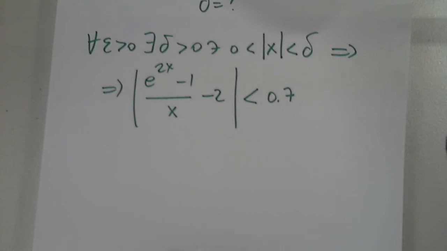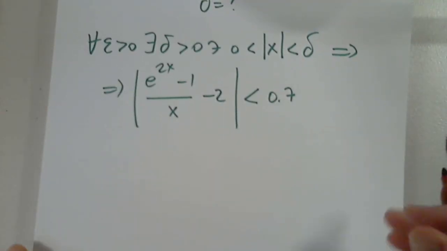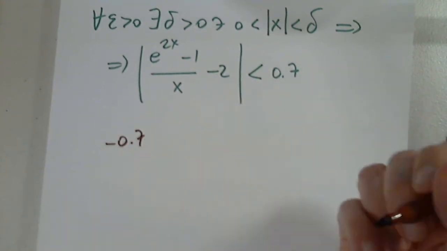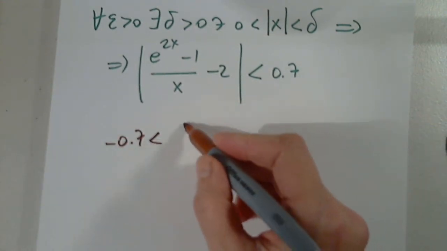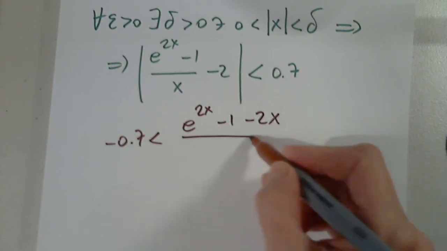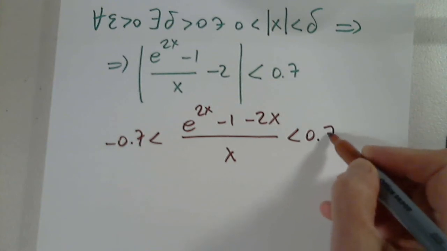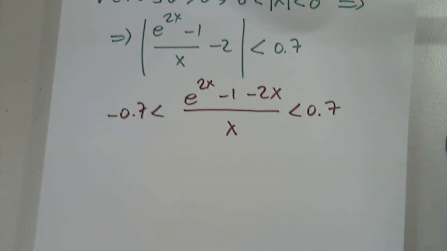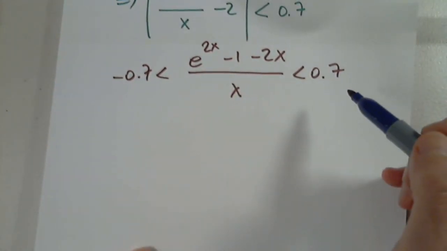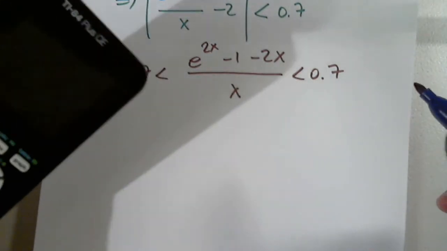Perfect. So this is where we start, and we have to solve this inequality, like we did towards the beginning of the class today. Negative 0.7 less than (e to the 2x minus 1 minus 2x) over x less than 0.7. However, in this situation, I have to solve two equations, and I have to use the calculator.